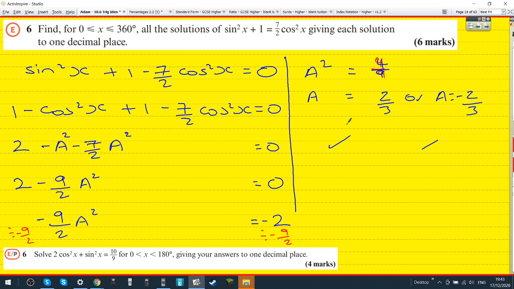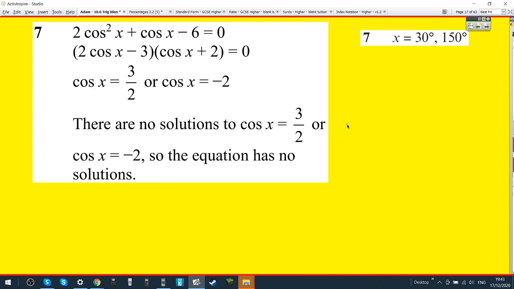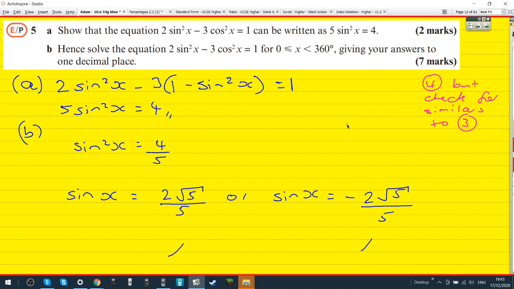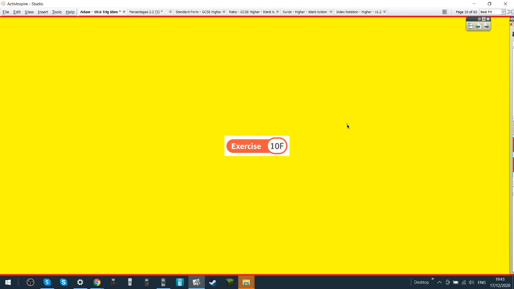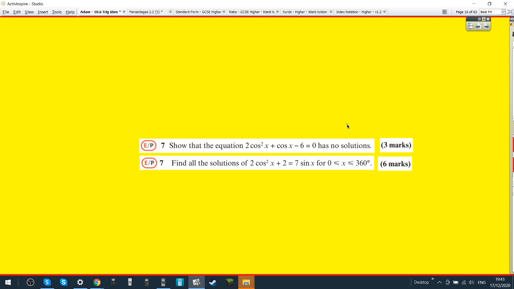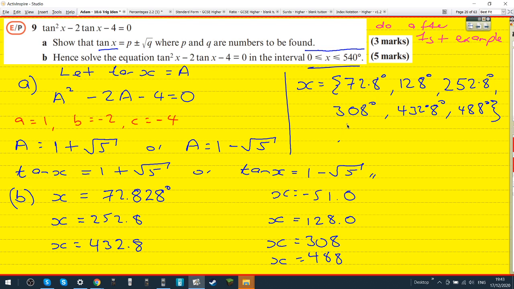Would you still get the mark if it was plus or minus 2 over 3? Let me just find where our previous one was. We did loads for tan. So this tan one, we had 1 plus root 5 and 1 minus root 5, so it was 1 plus or minus root 5.